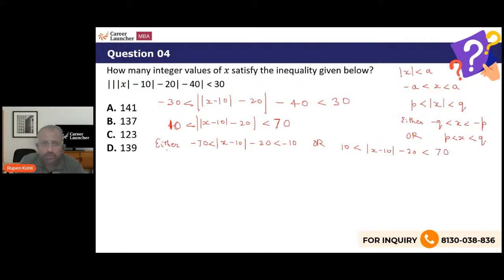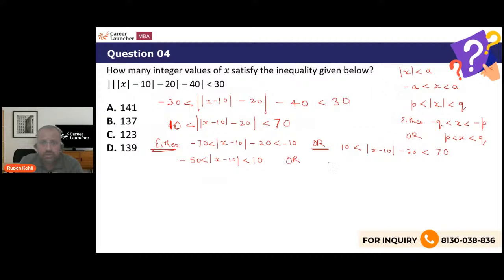So we are solving these two inequalities now. Let's further process that. This one tells us that mod x minus 10 is more than 20 minus 70, which is minus 50, and less than 20 minus 10, which is 10.